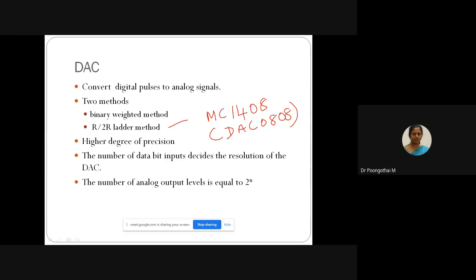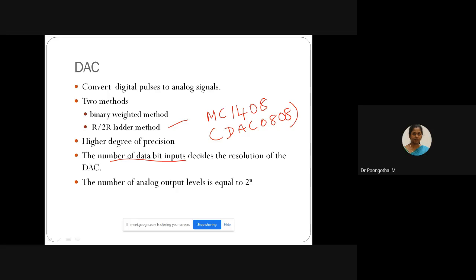Your DAC performance depends on resolution. That is one of the parameters, which is a function of the number of binary inputs, the number of data inputs.